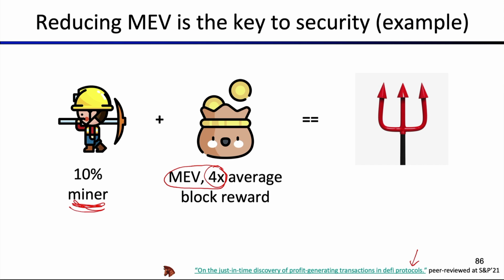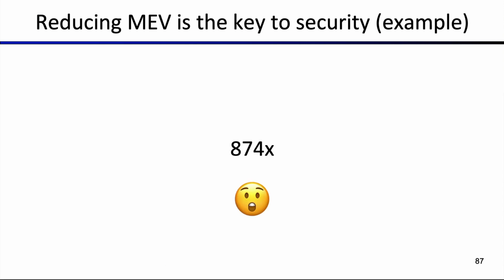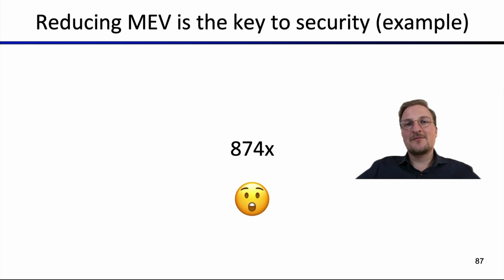And you automate this in the mining software, for example in Geth, then we might see many more stale blocks, and the chain security will significantly deteriorate. And this example is just a small miner with 10% and a 4x block reward MEV opportunity. Alarmingly, what we have seen is MEV opportunities beyond 800x the block reward. So you can imagine what would happen.